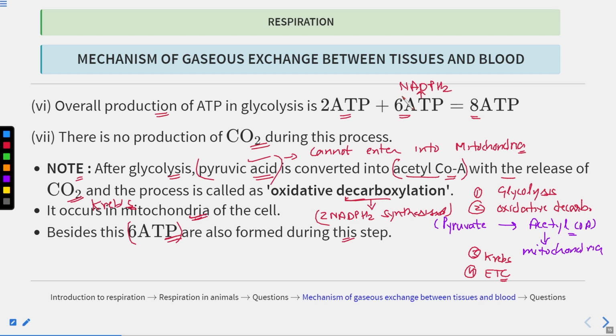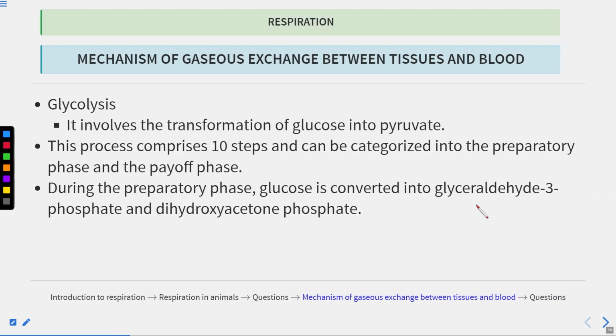Clear? So earlier during glycolysis 8 ATP were produced and during oxidative decarboxylation 6 ATP are produced. So we can add 8 plus 6. Till now 14 ATP have been generated during these two steps, glycolysis and oxidative decarboxylation. Now glycolysis we have already studied.